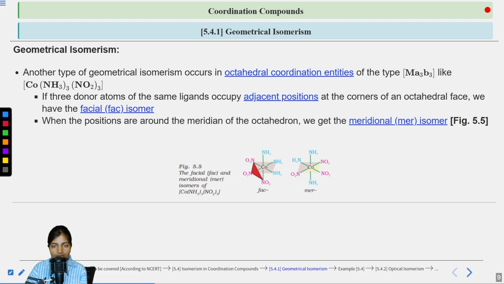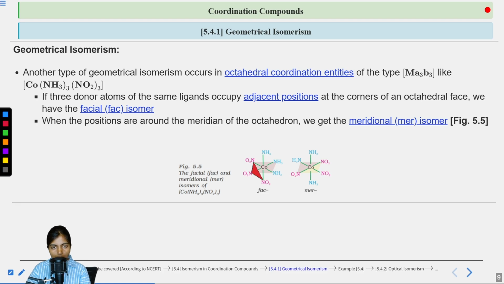And when you shift the positions of the same ligand to the meridian of the octahedron, in this plane which is lying horizontally at the meridian of the octahedron, you place three same ligands, then you get the meridional isomer of this complex.